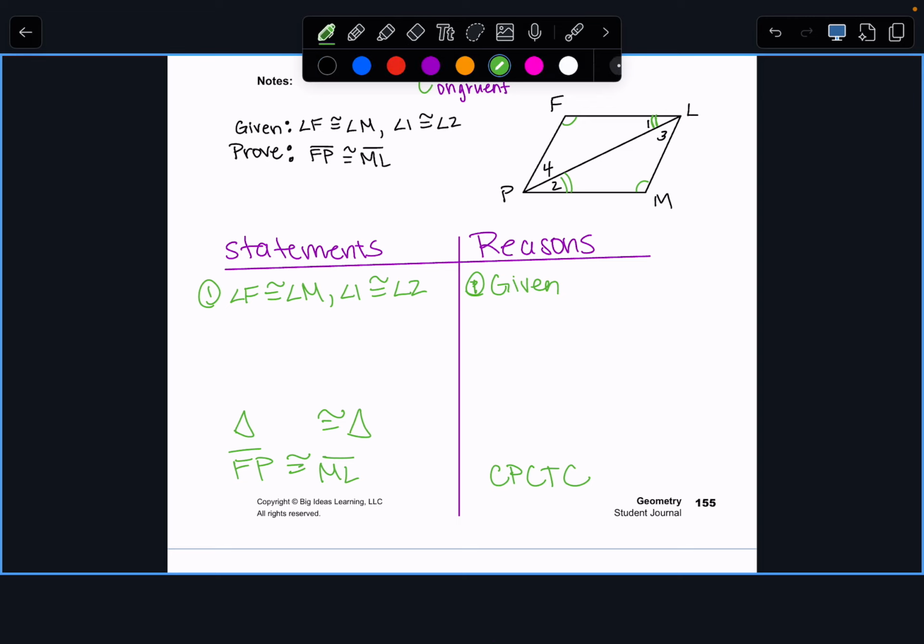Okay, now, what do you think we can say about this diagram that wasn't written in our given? Okay, Sydney, what can we write? That the middle line is the transversal.